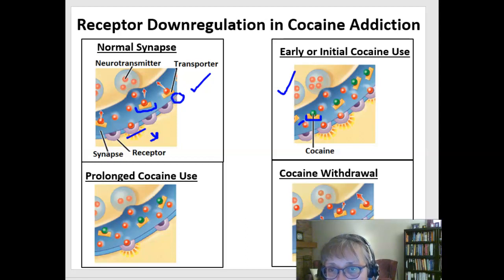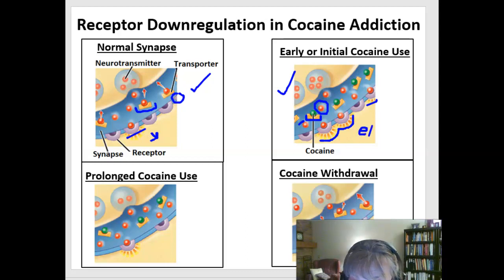That makes the neurotransmitter stay in the cleft longer and therefore activate more receptors, twice as much, 3 times as much. So you get an enhanced response. Excitation is increased. That's what happens with initial cocaine use.